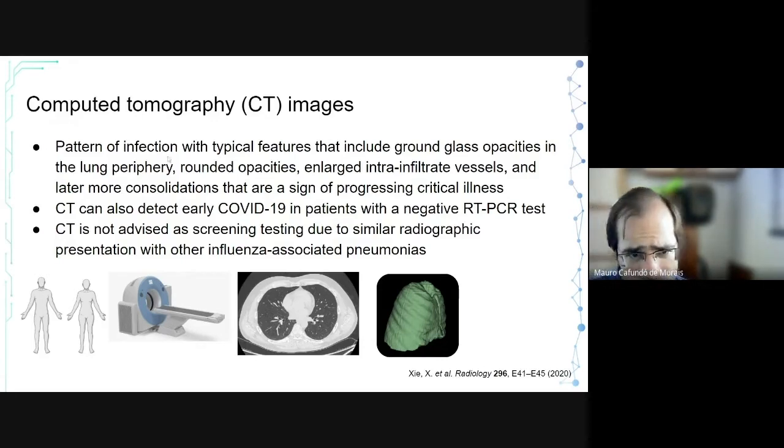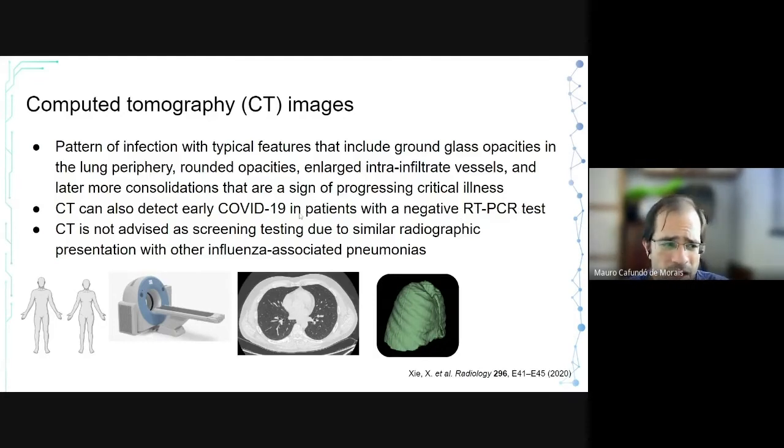One of them is the pattern of infection. There are different patterns of infection, and I'm going to show you a few. And CT scans can also detect early COVID in patients with a negative PCR test.